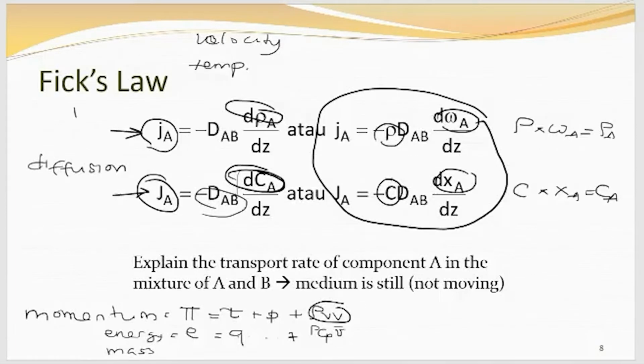So Fick's law only accounts for the diffusion side of the mass transfer. But actually mass can also be transported by the convective flow as well. So in mass we also have what we call the combined mass flux, because the mass is not only transported by the molecular transport but also by the convective flow.